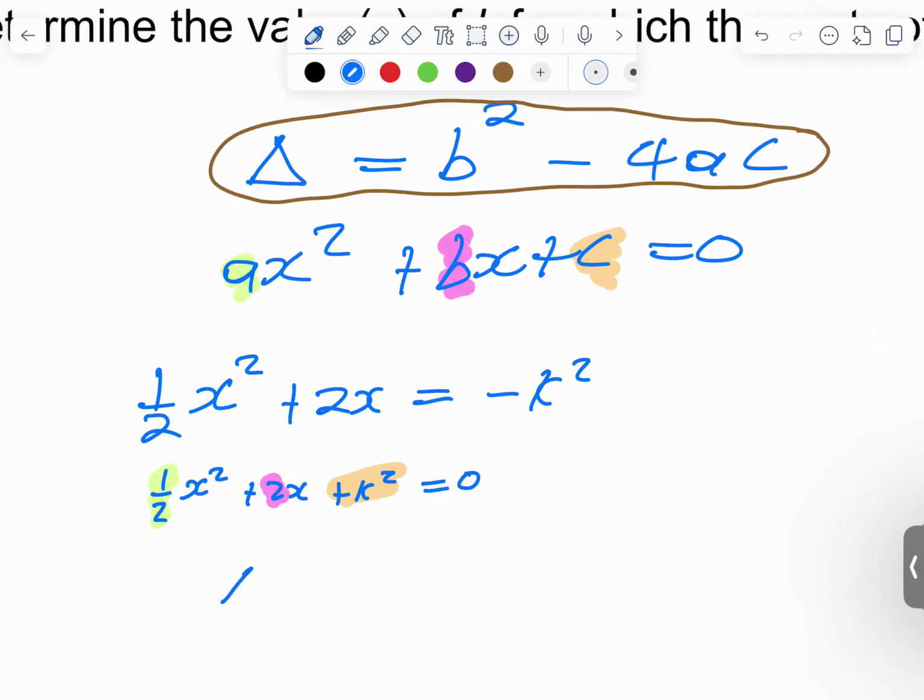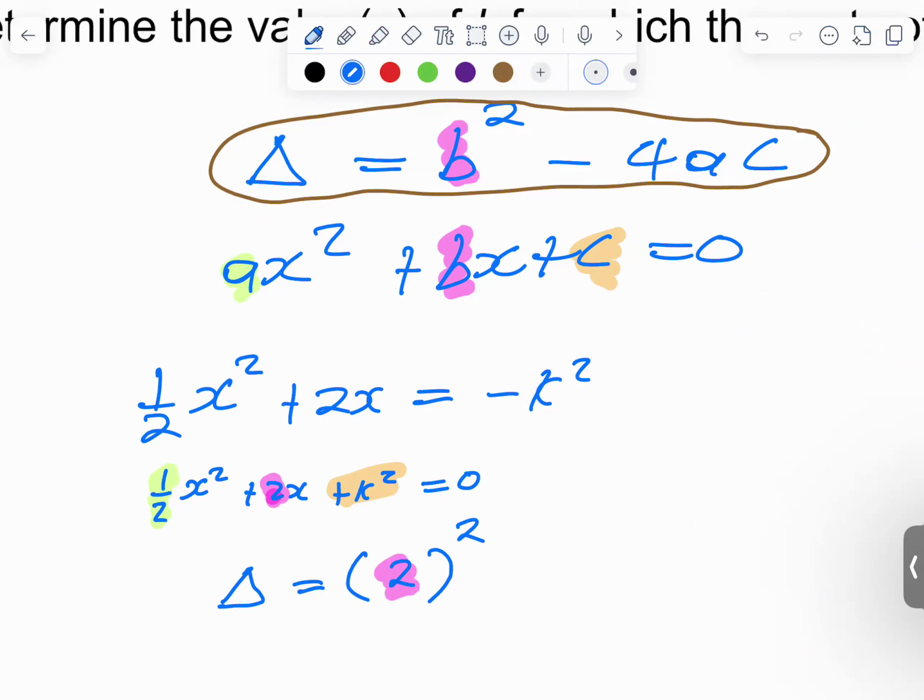I will have delta is equal to, where there is b, I need to substitute 2, and this will be squared.